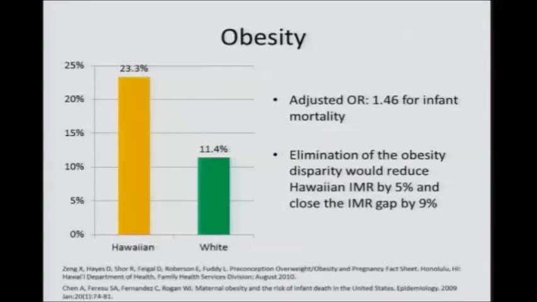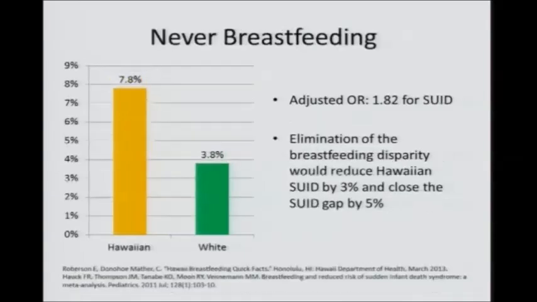So obesity from the literature has an odds ratio of 1.46 for infant mortality. There's a lot of other comorbidities that occur with obesity, and it also increases the risk of congenital anomalies. So elimination of that disparity would be expected to reduce the Hawaiian infant mortality rate by 5% and close the gap by 9%.